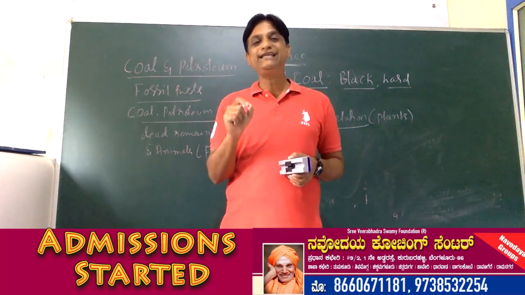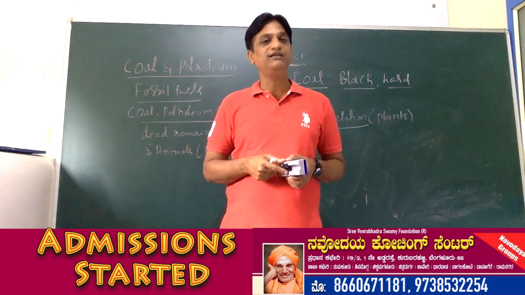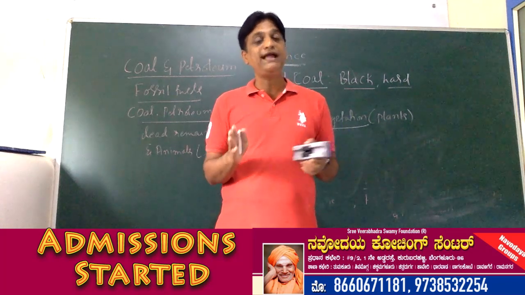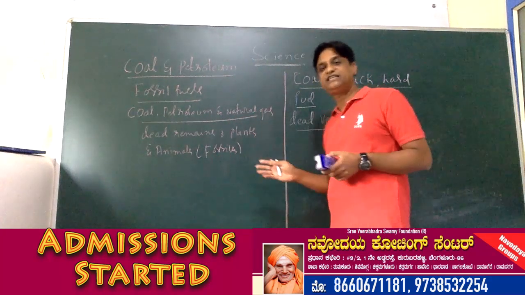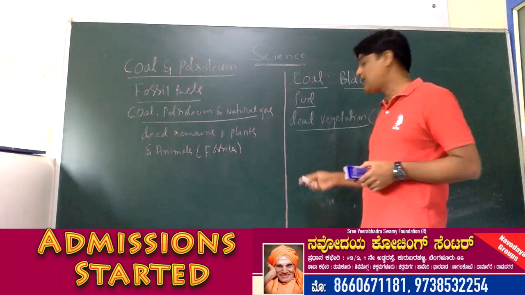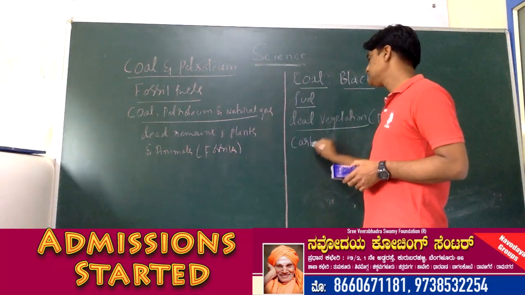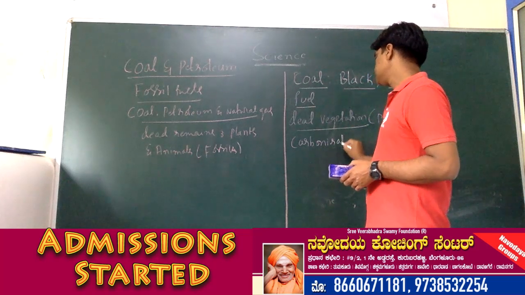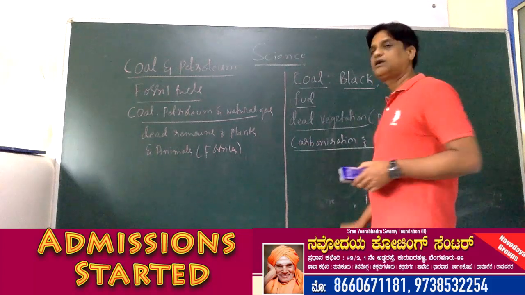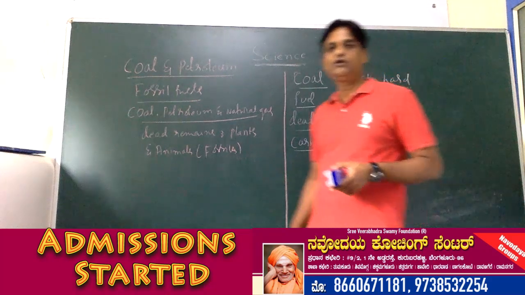So due to the increase in temperature and pressure by the layers of soil for thousands of years, carbon present in plants has been changed into coal. See, that process of conversion of carbon into coal is called carbonization of coal.